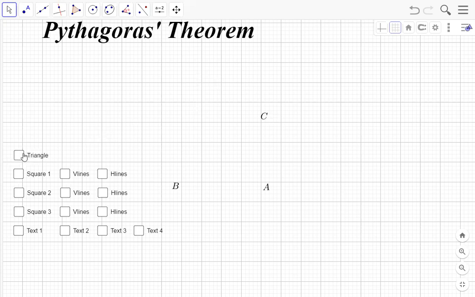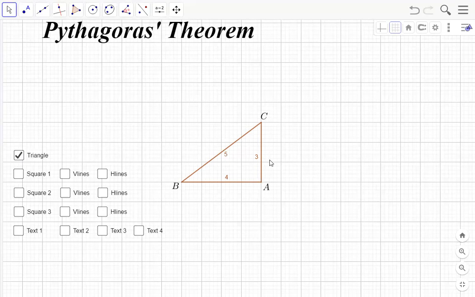Now first, let me draw a right-angled triangle ABC, where the right angle is at vertex A. The hypotenuse side BC is 5 centimeters, while the other two sides, AB is 4 centimeters and AC is 3 centimeters.